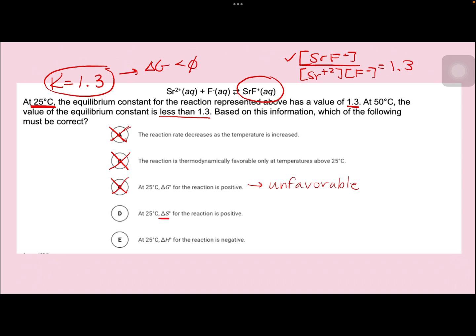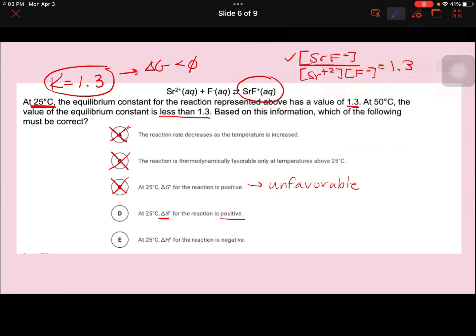Remember, delta S is our change in entropy, and a positive change in entropy means greater disorder as we're moving through the process. Looking at this reaction, we go from two aqueous ions to a single aqueous ion. So we are decreasing in entropy, which means we would have a negative delta S, which makes this not true either. So that gives us choice E.